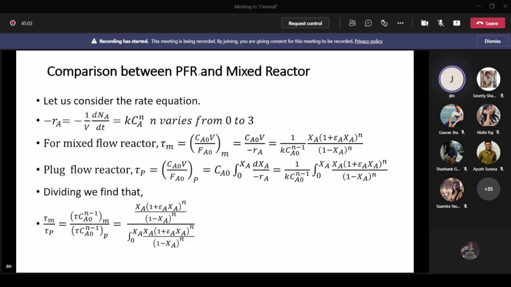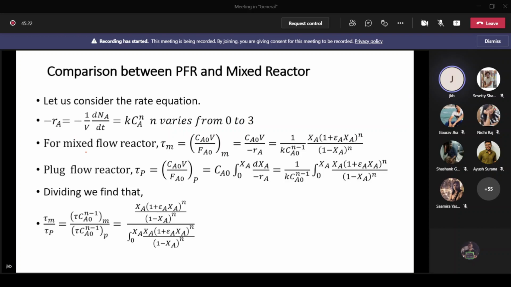Comparison between plug flow and mixed flow reactor is mentioned in this slide. Write the mole balances for nth order rate kinetics, where n varies from 0 to 3, up to third order.